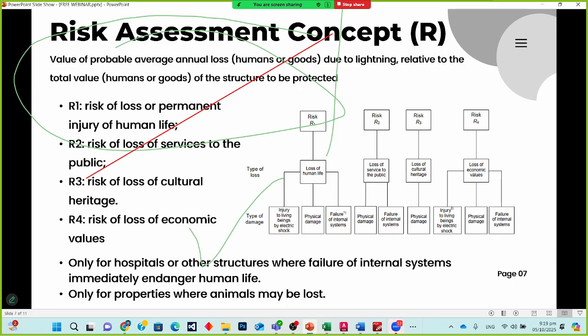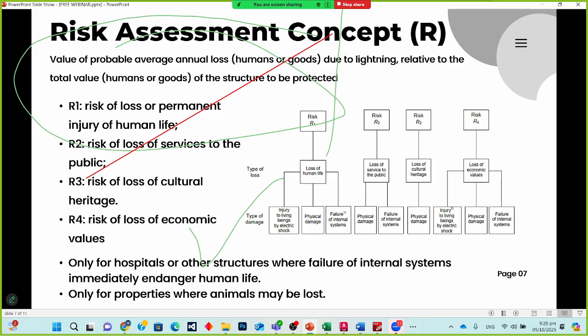There are four types of risk available. R1 is the risk of loss or permanent injury of human lives. R1 is related to the losses we saw in the above slides; the loss is the human loss, and the risk is related to that.